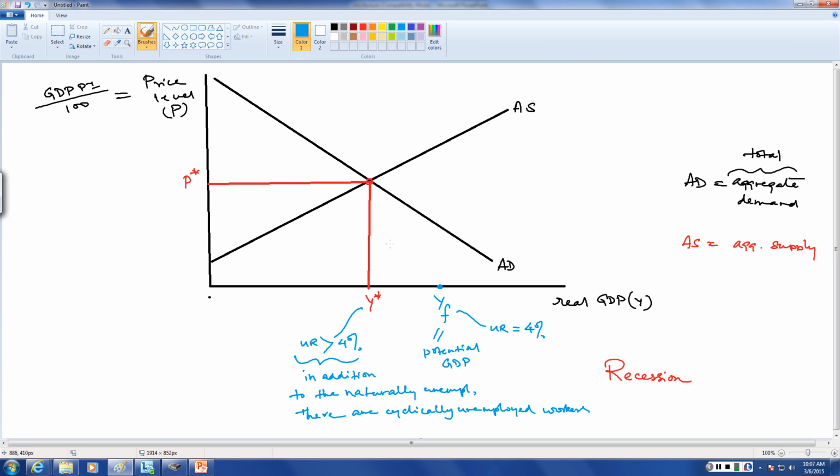This gap here between Y star and YF is called the recessionary gap. Now, everything that we do in this course from now on will relate to this diagram, because what we are going to spend time discussing now is what can the government and what can the Federal Reserve Bank, these two entities, what can they do to help an economy climb out of recession?